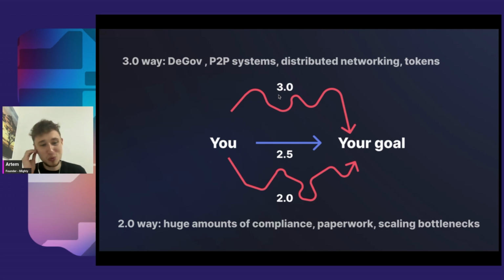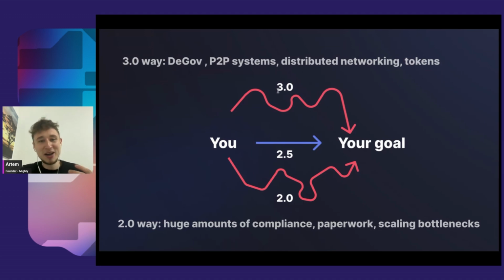The Web 2.0 way is you have a lot of paperwork, compliance, and you are behaving like a usual internet business in a way. You're scaling your bottlenecks, you're hiring your team members, etc. But the Web3 way is going to be very different, and it has its own hurdles.